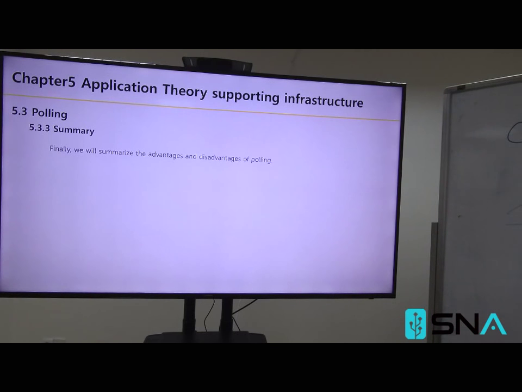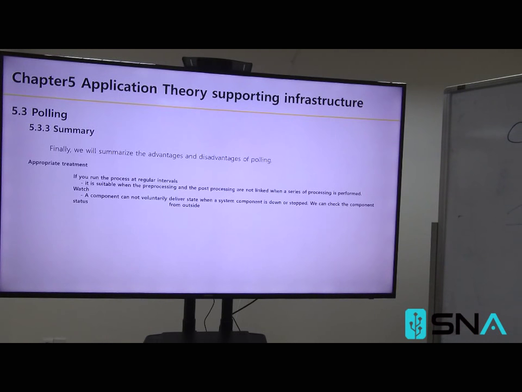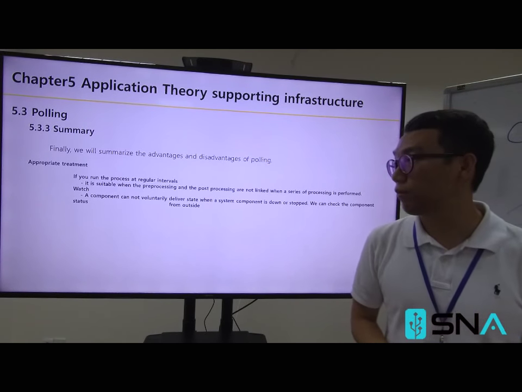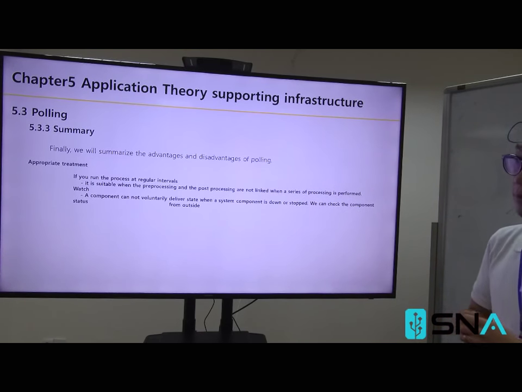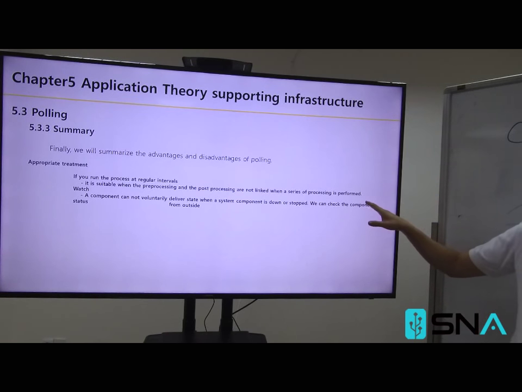Finally, we summarize the advantages and disadvantages. Polling is appropriate if you run the process at regular intervals. It's suitable when the pre-processing and the post-processing are not ranked, when a series of processing is performed.